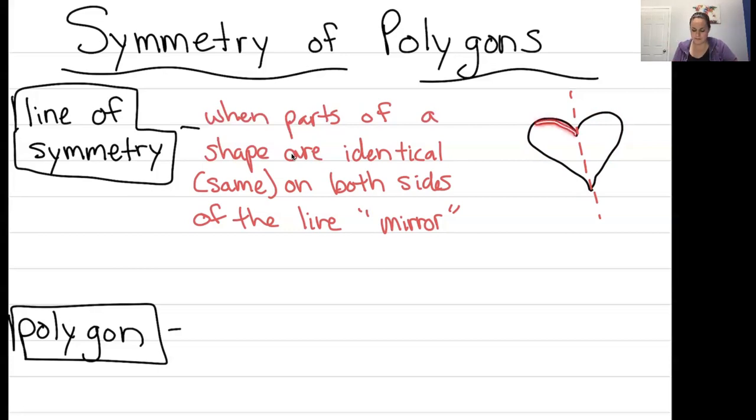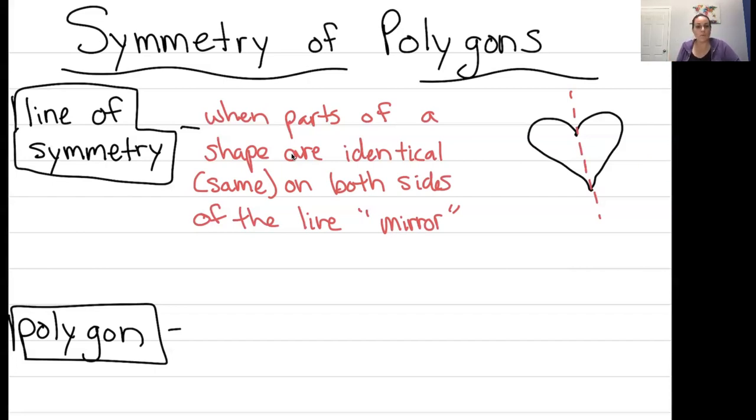If I were going to take my heart-shaped piece of paper and fold it over my line, would it be the exact same shape once I folded it over? That's what you have to think about with lines of symmetry. So if I did it with this heart, yes, that one would be a line of symmetry. It would be the exact same on either side.